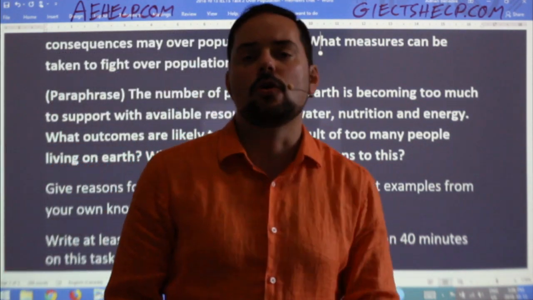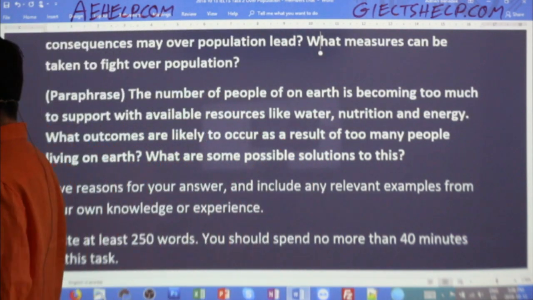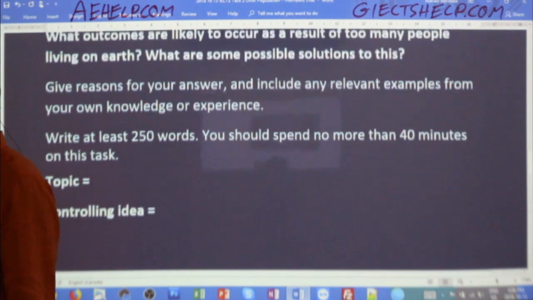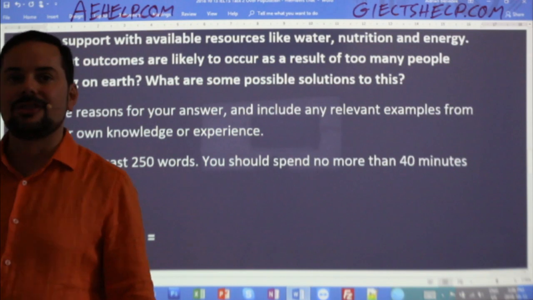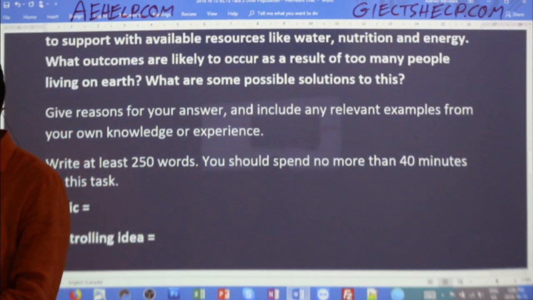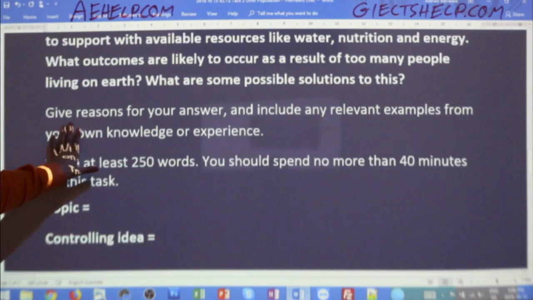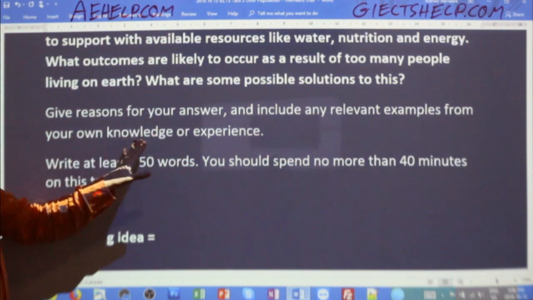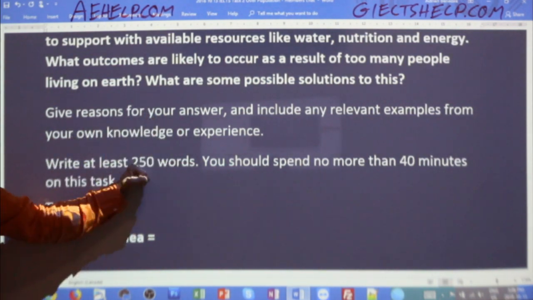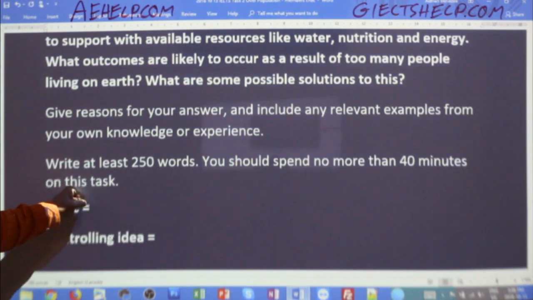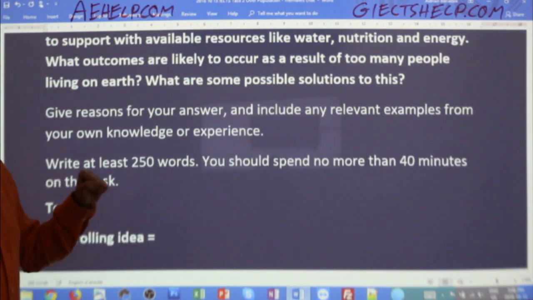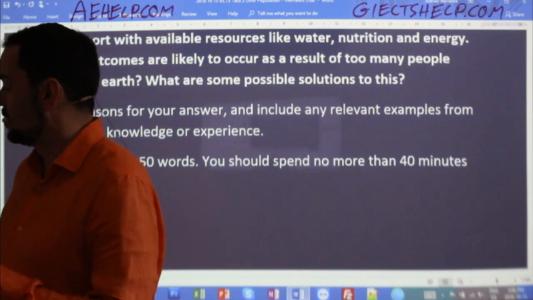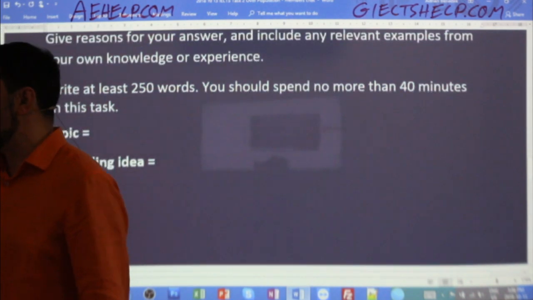Okay, so quite an exciting type of question, interesting, and it's definitely one we need to think about. All right, and then of course it finishes off with give reasons for your answer, include relevant examples from your own knowledge or experience, write at least 250 words, spend no more than 40 minutes on this task, okay? So that's typical. All right, what is the topic, members?